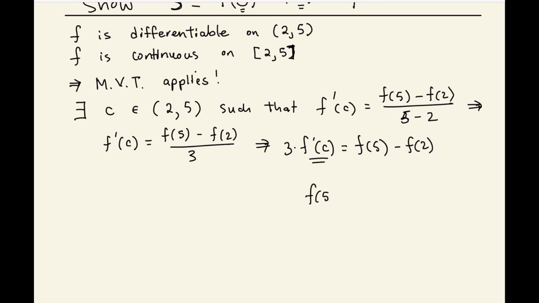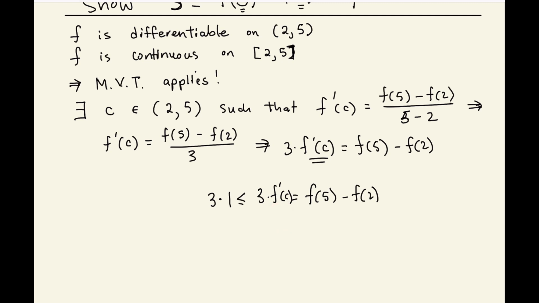F of 5 minus f of 2, which we know is equal to 3 times f prime of c for some derivative, has to be greater than or equal to 3 times 1, because the derivative has to be greater than or equal to 1.